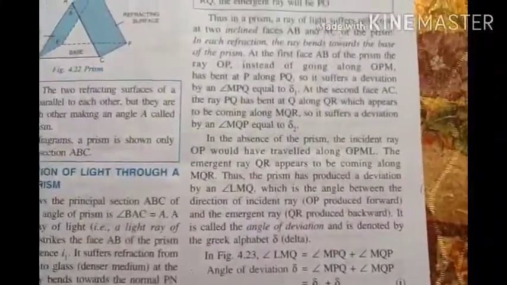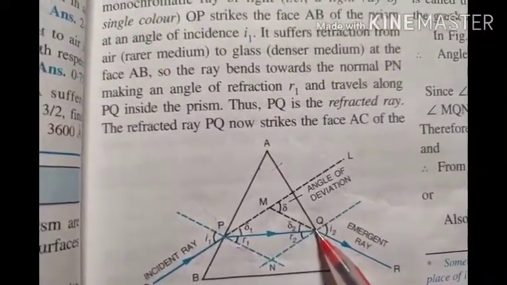This is the original direction of the incident ray. It suffers refraction at this point, and instead of going towards PM, it moves towards PQ, and this delta 1 is the angle of deviation. And this refracted ray at point Q suffers refraction further, since it is moving from denser to rarer medium.